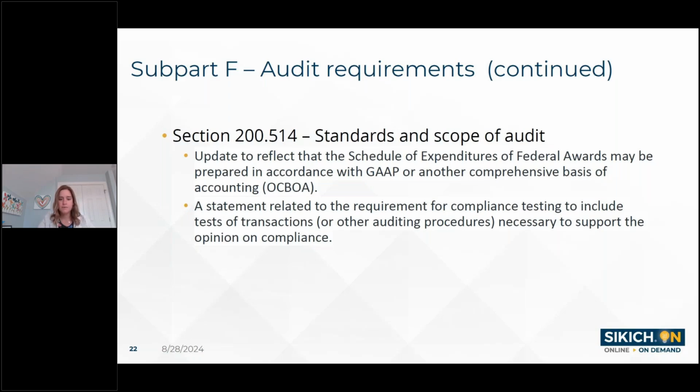And then a statement related to the requirement for compliance testing specifically called out the need for auditors to include tests of transactions or other auditing procedures necessary to support the audit opinion on compliance. So really performing some detail testing at the level of the audit.